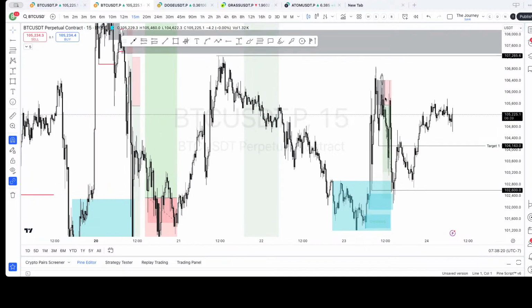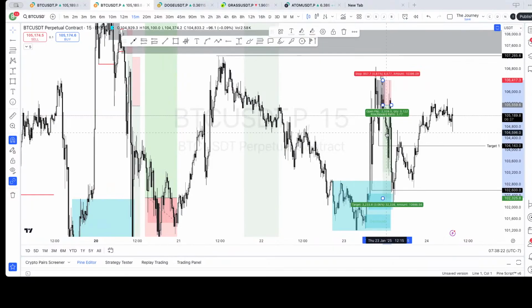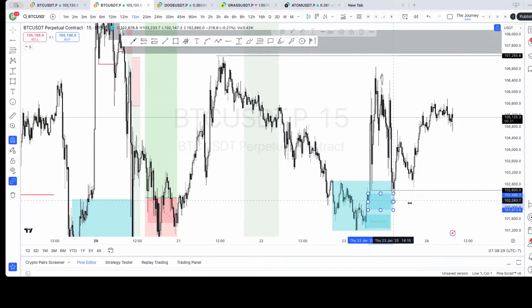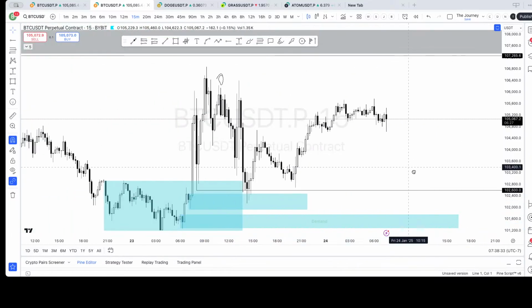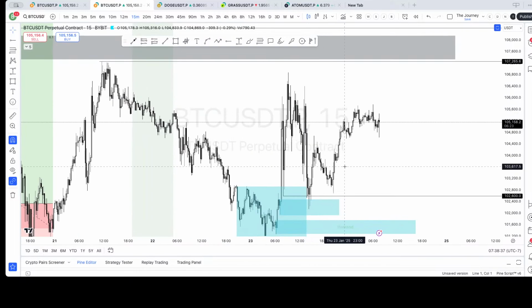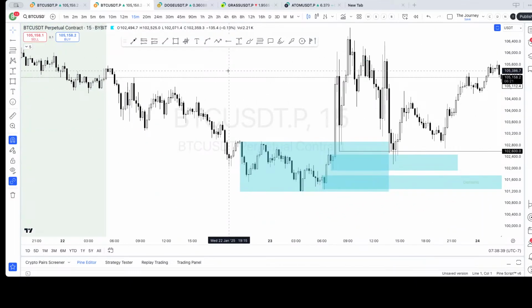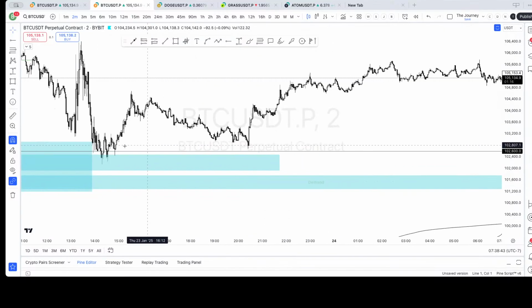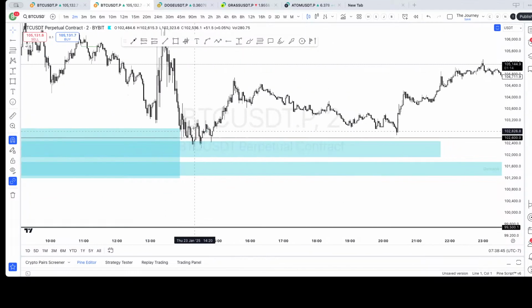All right, so let's get some of this stuff off of here from yesterday. Short did end up hitting its final target, but what a wild ride. Did end up tagging right into demand and turning around. If you get down, it sucked, but there was a market structure confirmation down here.